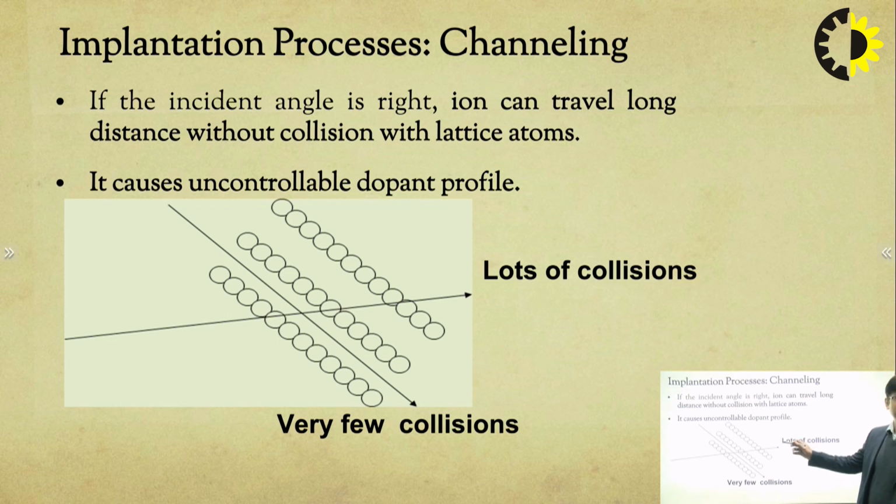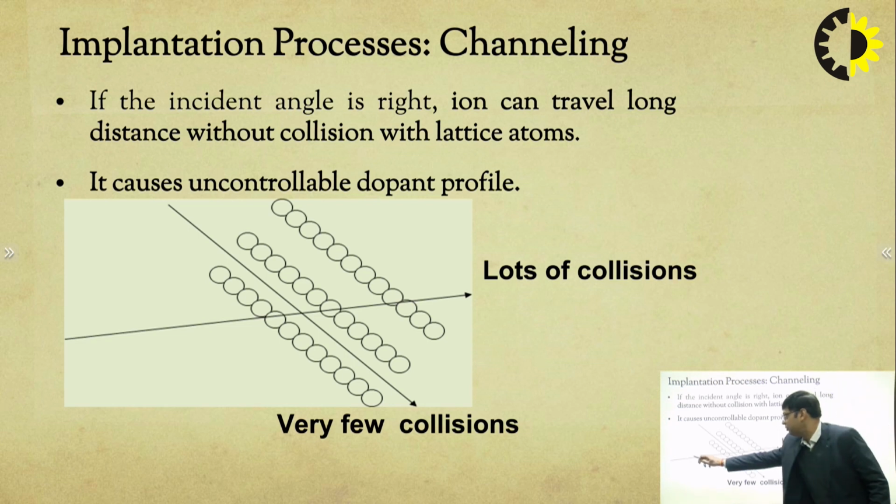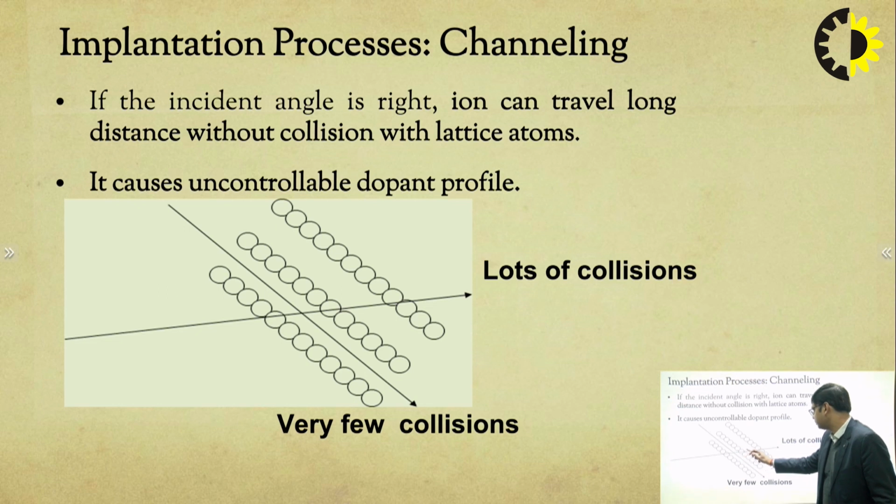Here we have taken two conditions, one in which there is a lot of collision. If our dopant ions are coming in this direction, then this dopant ion encounters various silicon atoms.